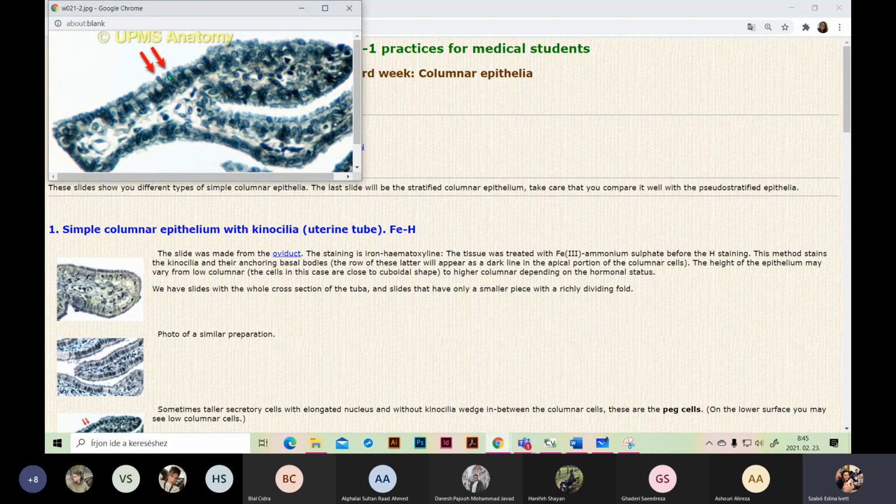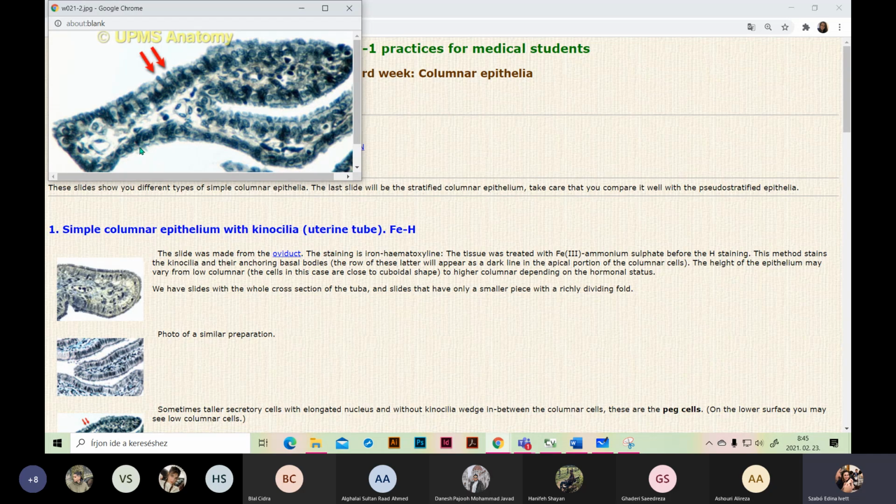So logical question, where are the secretory cells? We cannot see them in our slide. You should know that during the hormonal cycle, the number of peg cells and also the height of epithelial cells could change.